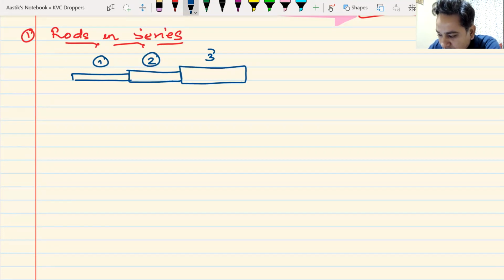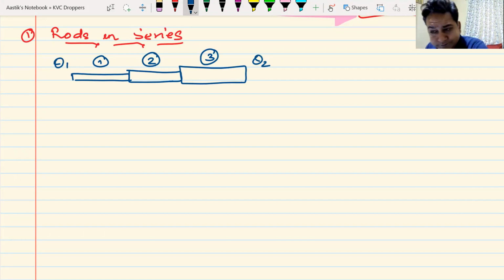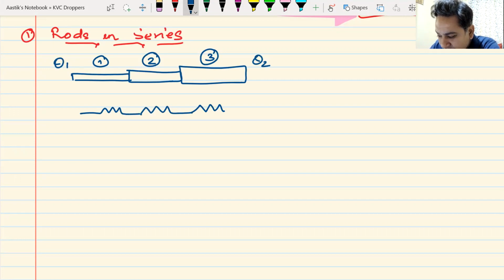This end is maintained at temperature theta 1, this end at temperature theta 2. Instead of drawing rods, I'll just draw them as resistances. It will take less time. This is resistance R1, this is resistance R2, and this is resistance R3.